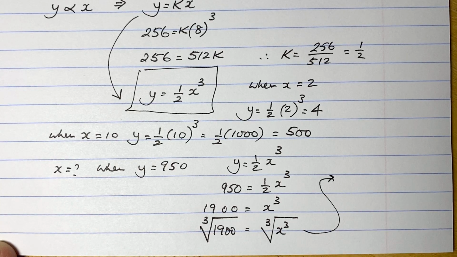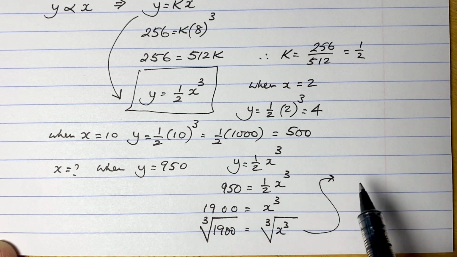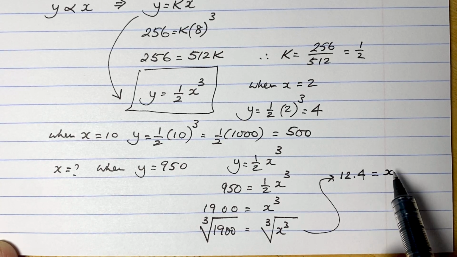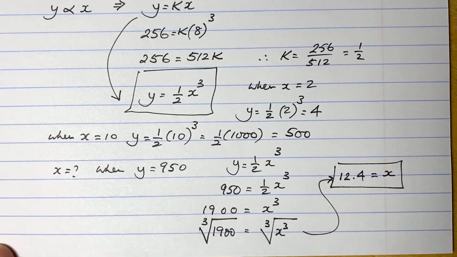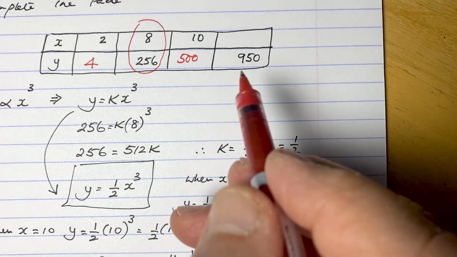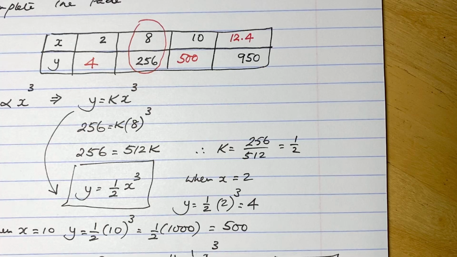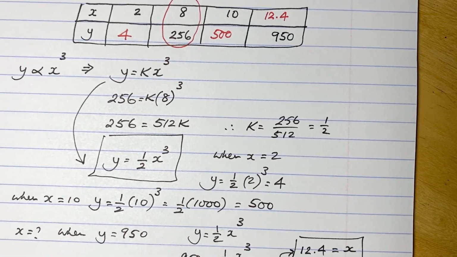In this case, the cube root of 1900. To one decimal place is 12.4 equals x, which I'm going to put in the table, 12.4. So the table is completed and the question is answered.